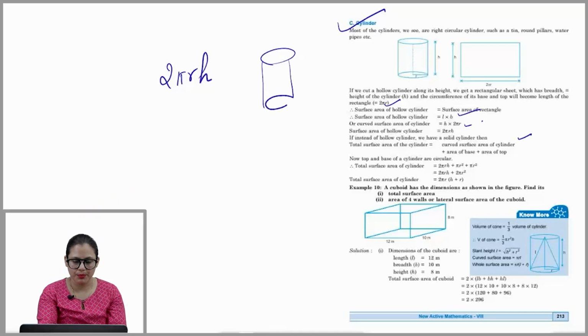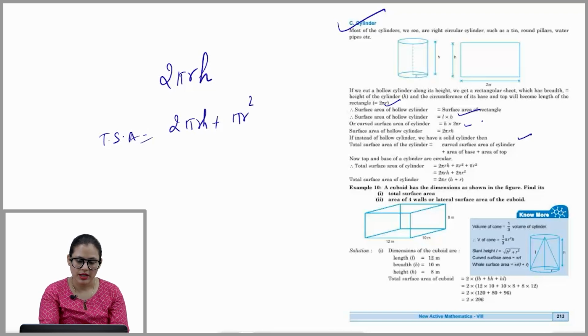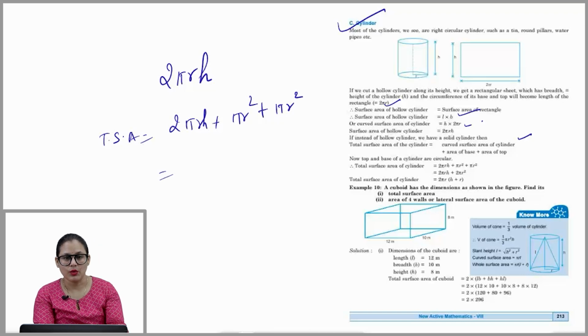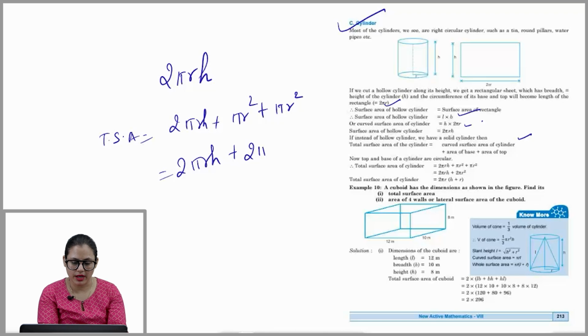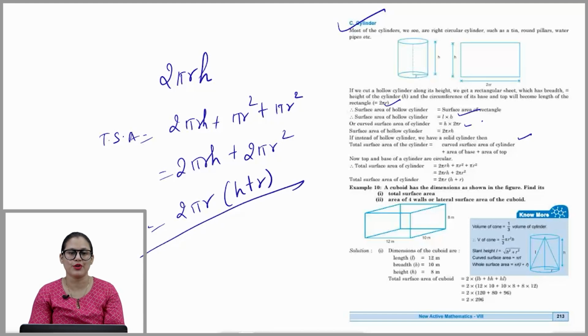So the total surface area is 2 pi r h plus pi r square plus pi r square, that is 2 pi r h plus 2 pi r square. Now 2 pi r is common, and in brackets h plus r. So this is the formula of the total surface area of a cylinder.